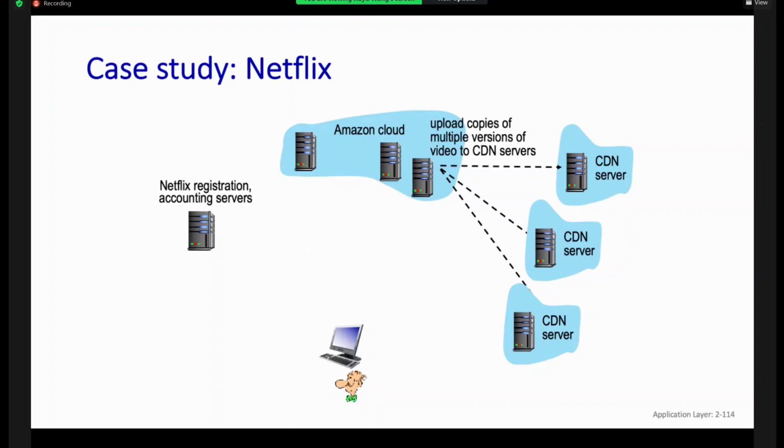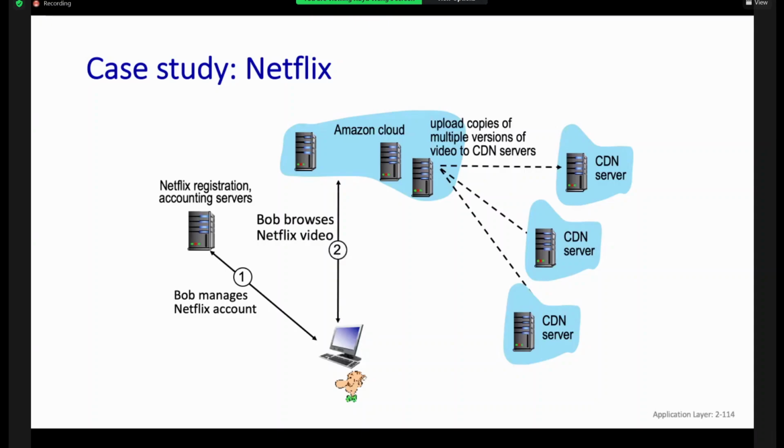Another case is Netflix, which uses a third party like Amazon Cloud to deploy the video in different CDN servers. It uploads different copies, multiple versions of the videos, into the CDN servers. If a user wants to request videos, based on the account, Netflix can know the information for Amazon's servers, and the Amazon cloud will return a manifest file.